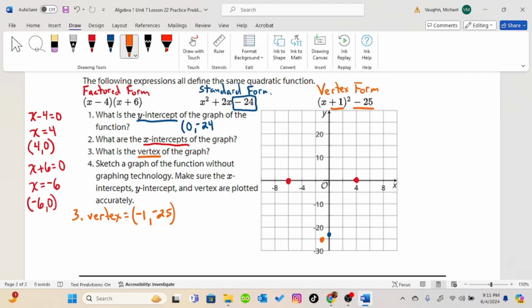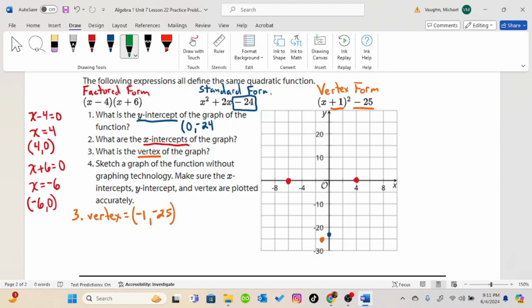And now number 4 says, sketch a graph of the function without graphing technology. Make sure the x-intercepts, y-intercept, and vertex are plotted accurately. So we already plotted the x-intercepts in red, the y-intercept in blue, and the vertex in orange.